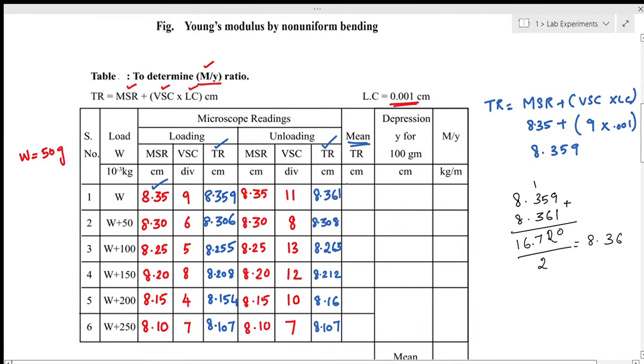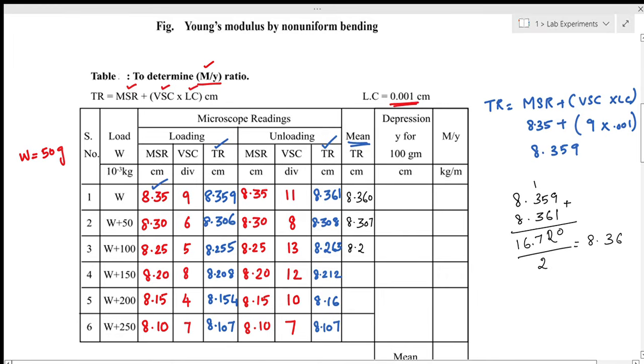Similarly here, 8.306 plus 8.308, 16.614, divided by 2, I get 8.307.